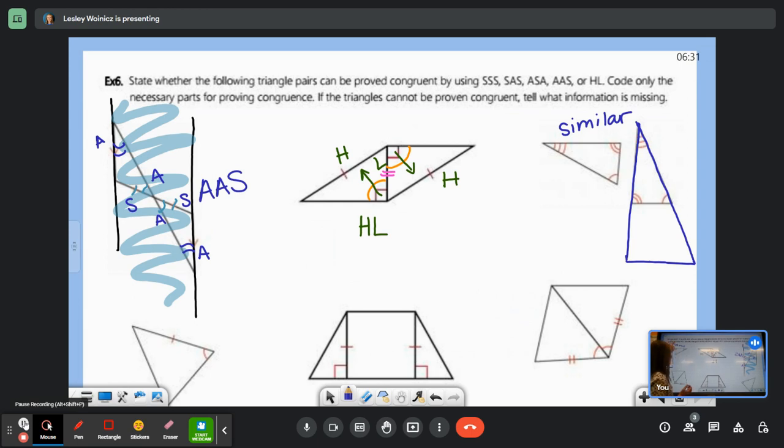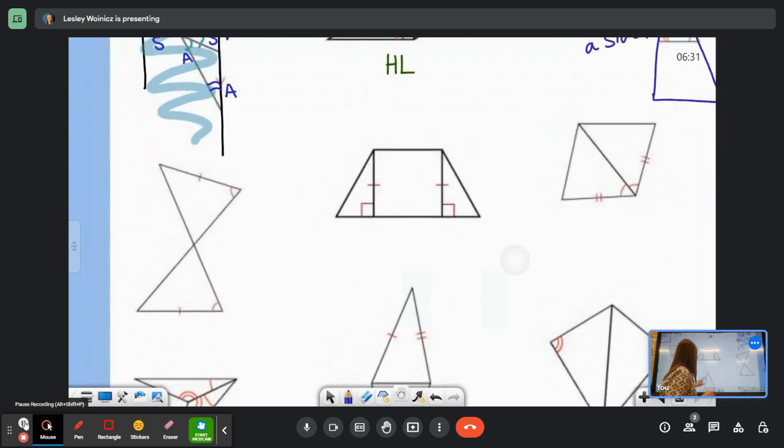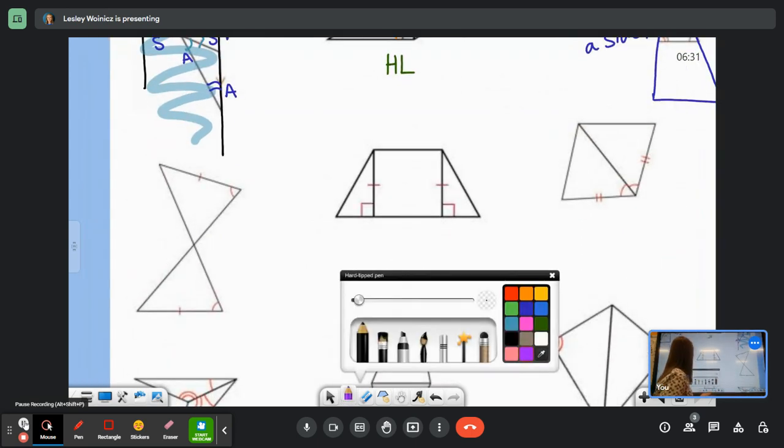The information that's missing is that we need a side, because the side is what tells us how big the triangle is.